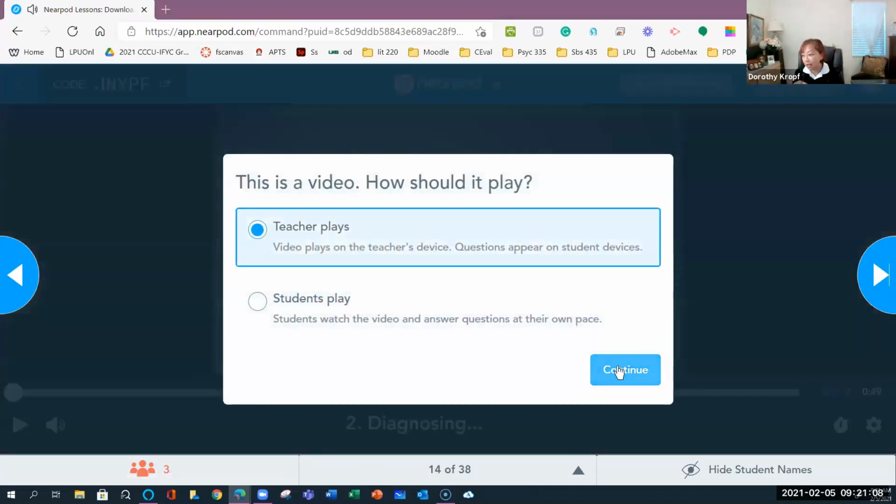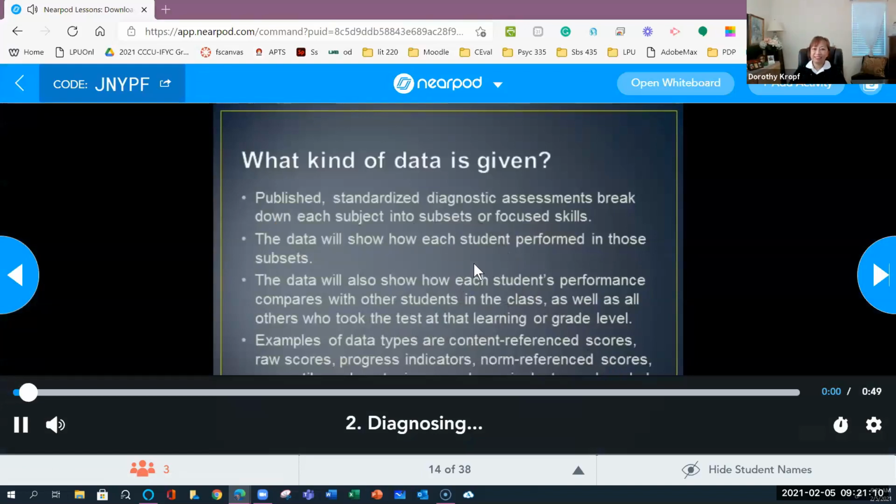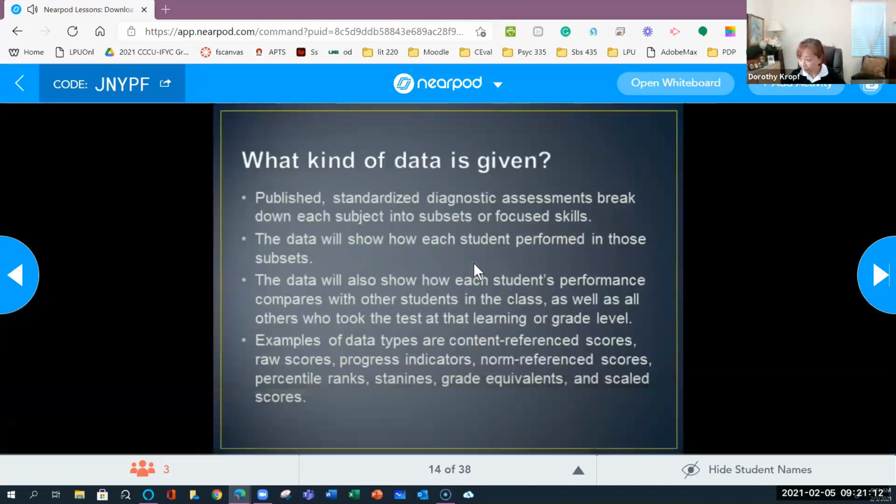What kind of data do we get from diagnostic testing? Well, published standardized tests tend to break the subjects down into skill-related subsets and then give data on how a student performs in each one of them. Data will be provided on how an individual student's performance matches with his or her classmates, or with other students who have taken the test, both within the same school or in other schools, including all other students who have taken the test.